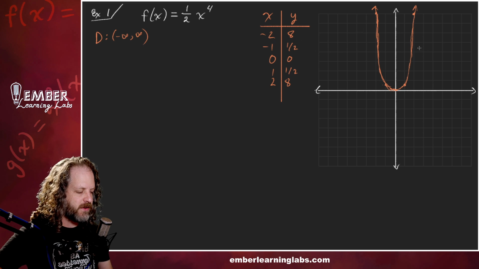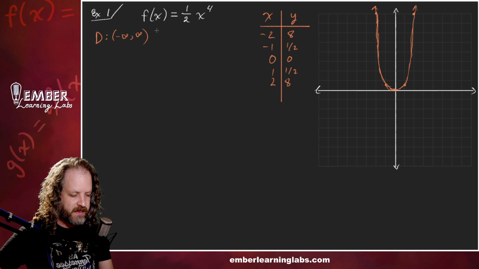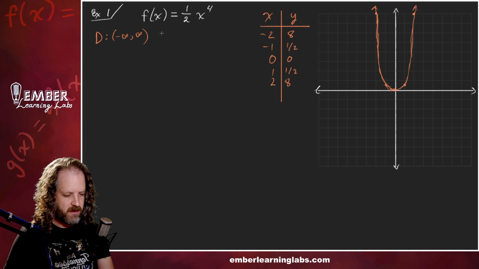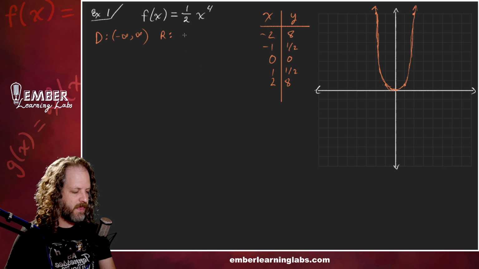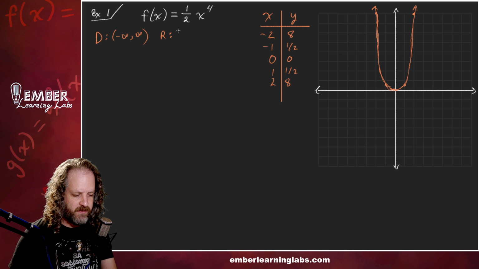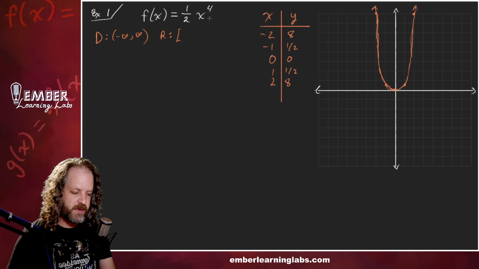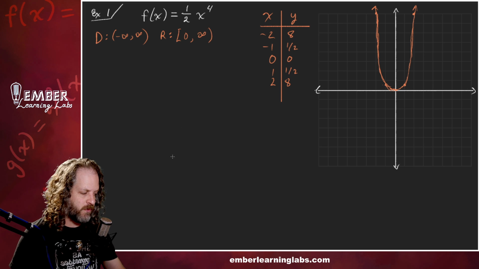It keeps on getting bigger to the left, keeps on getting bigger to the right. The range in this case is 0 to infinity, right? Including 0, because we can put a 0 in there and get a number, right? 0 to infinity, and also that matches the pattern that we looked at before.